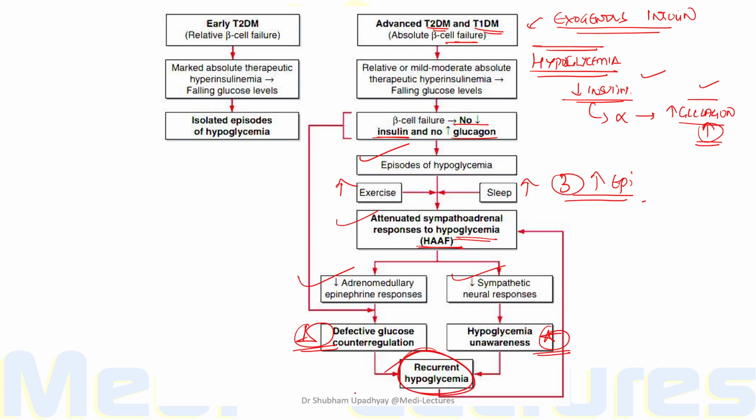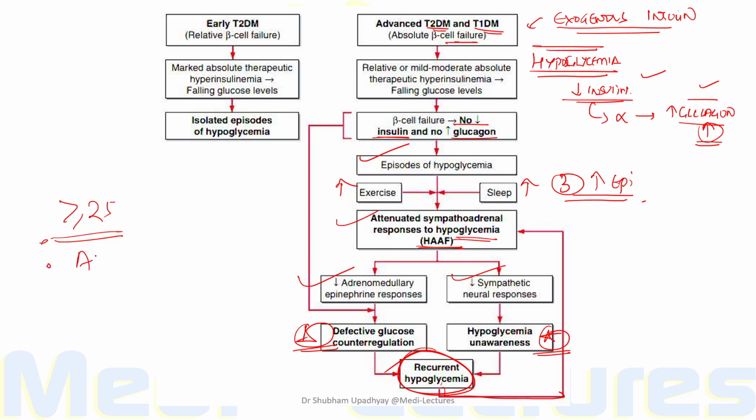This will lead to recurrent hypoglycemia, and this will continue as a vicious cycle of further lowering of the glycemic threshold. So this is a very deadly situation. These patients are at 25 times increased risk of developing recurrent iatrogenic hypoglycemia.